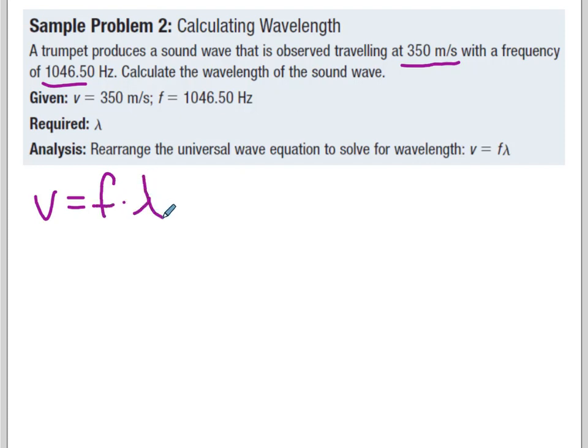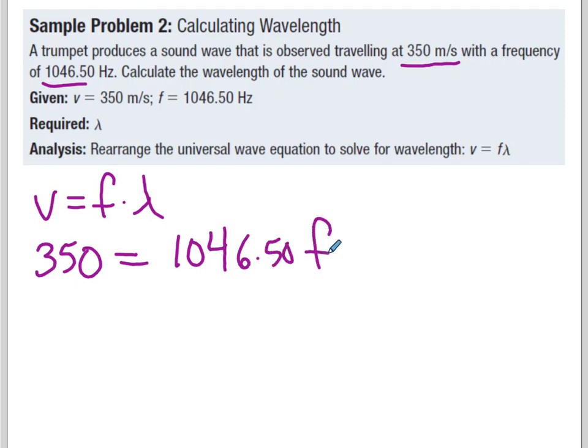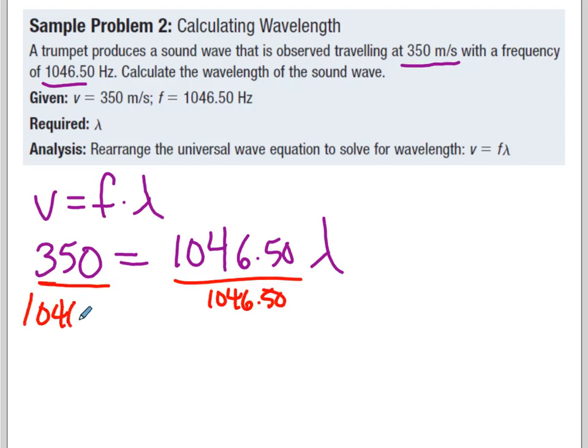This time though, they've given us the velocity, they've given us the frequency, and we are solving for lambda. Now I'm going to divide both sides by 1046.5, and we'll come up with our lambda in meters.